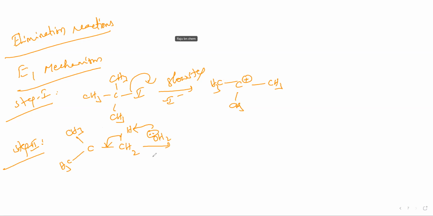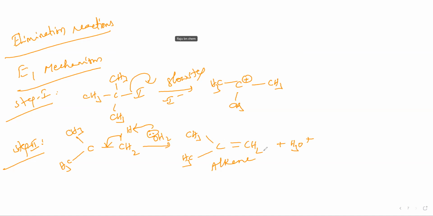What you are getting is (CH3)2C=CH2, an alkene.